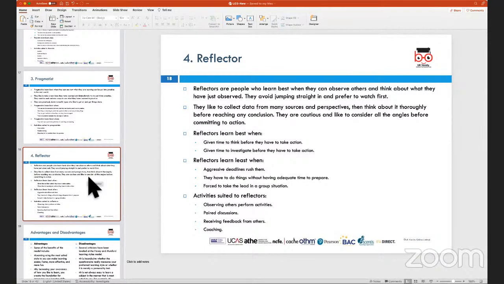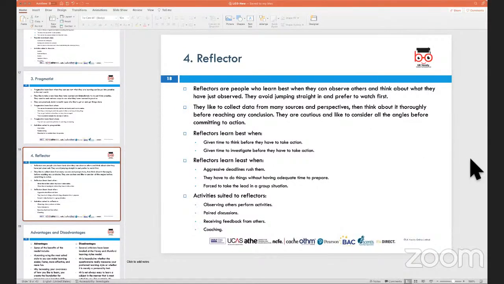Sometimes the term fence sitters is used because being reflectors allows them to observe how things are happening, what is going right, what is going wrong, what things have to be corrected, and then they look at carrying out their actions.